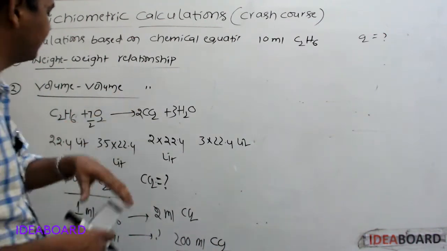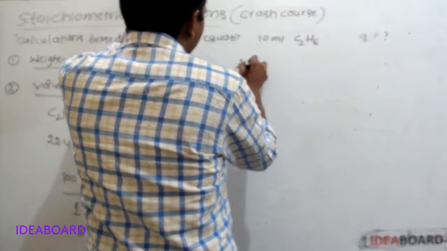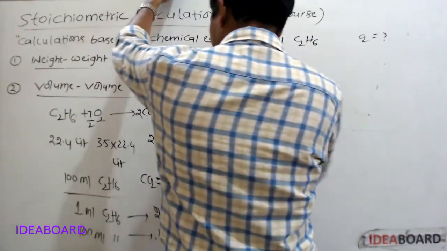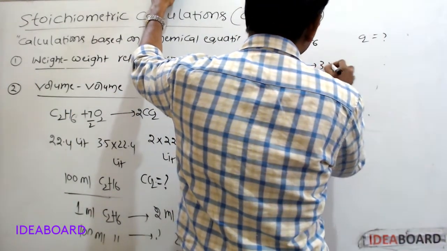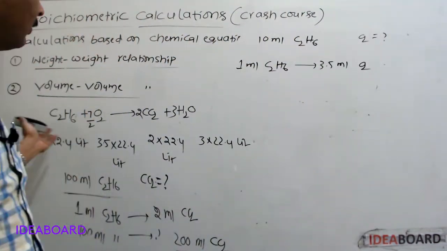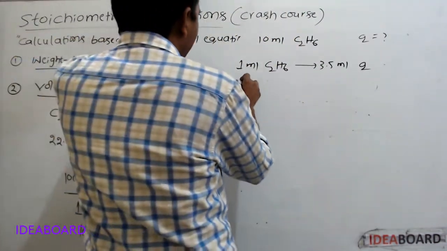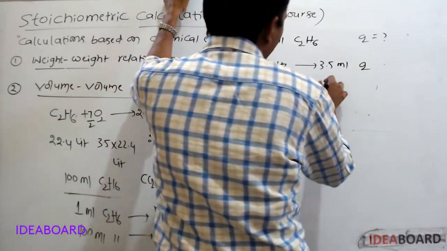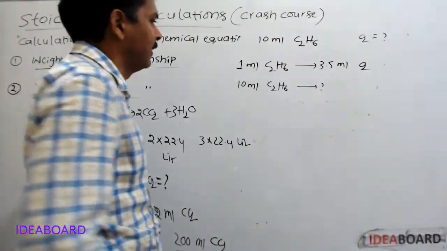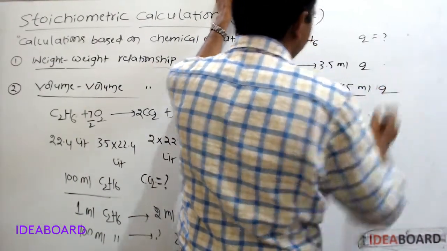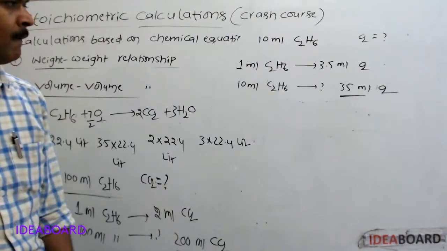That means for 1 milliliter of ethane, 3.5 milliliters of O2 gas is required. Then for 10 milliliters of ethane, how many milliliters of oxygen gas is required? 35 milliliters of oxygen gas is required.